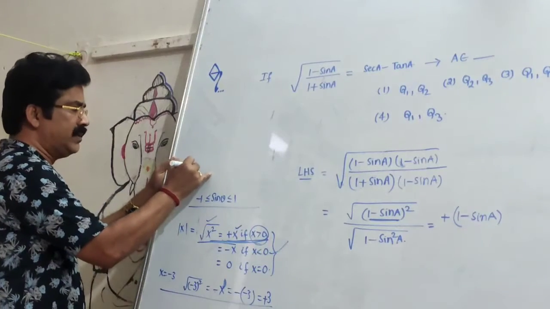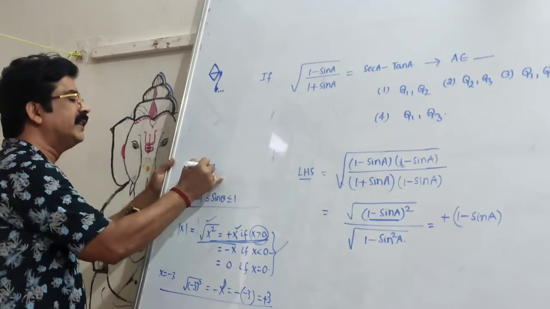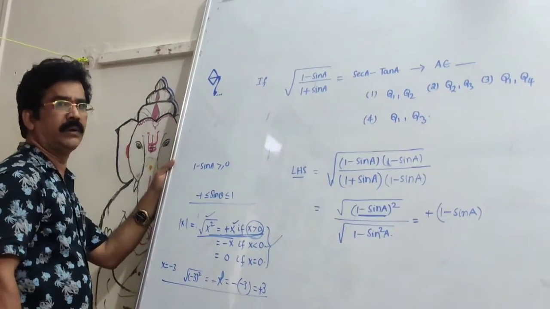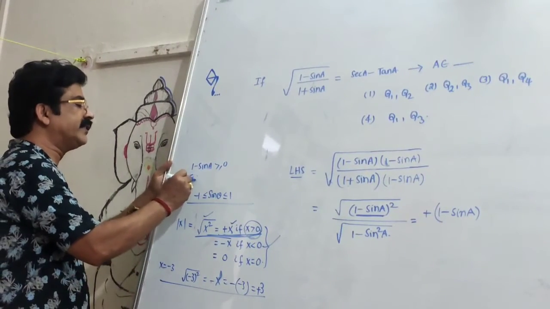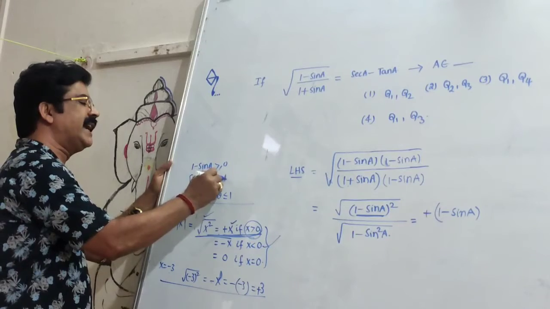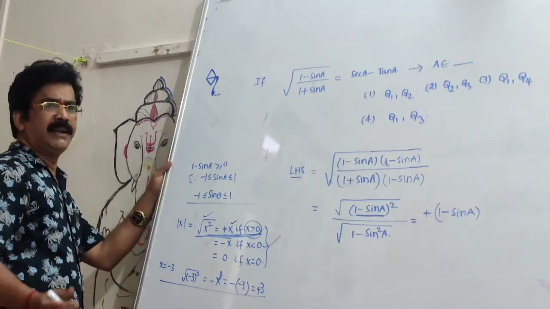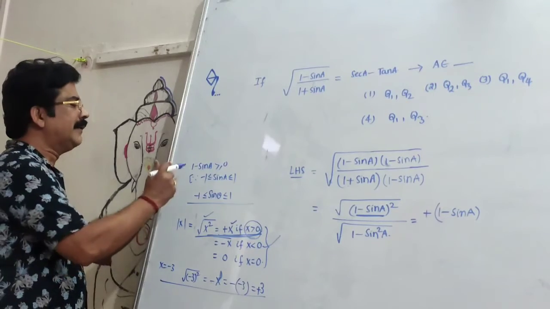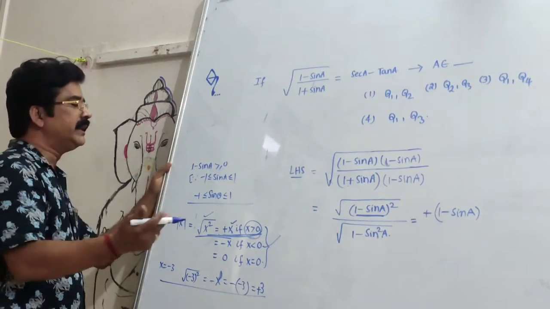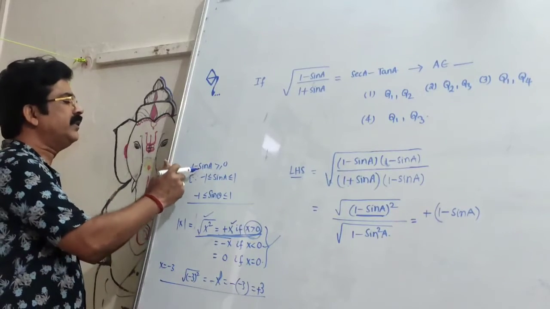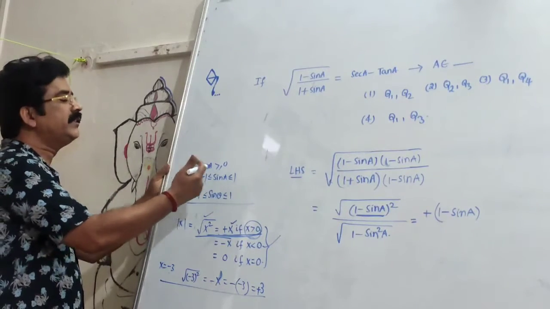Why is x positive? 1 minus sin A is always positive or equal to 0, because sin A lies between minus 1 and plus 1. If you take sin A equal to 1, 1 minus 1 is 0. Next, less than 1, for example sin A equal to 0.9, 1 minus 0.9 is 0.1, greater than 0.